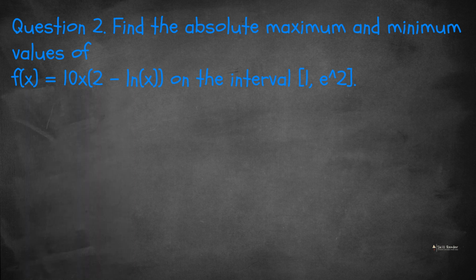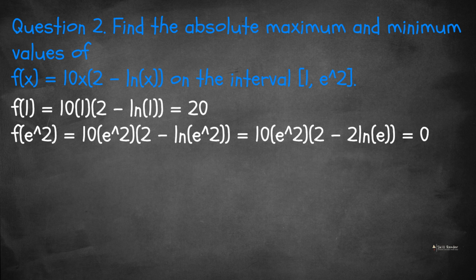If we evaluate the function at the endpoints, f of 1 is equal to 10 times 1 times 2 minus the natural log of 1 equals 20. And f of e squared equals 10 times e squared times 2 minus the natural log of e squared equals 10 times e squared times 2 minus 2 times the natural log of e equals 0.